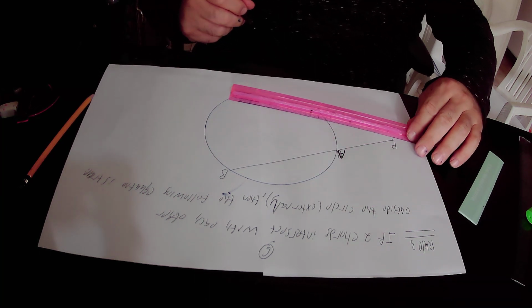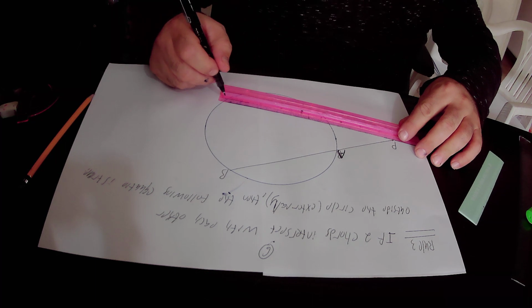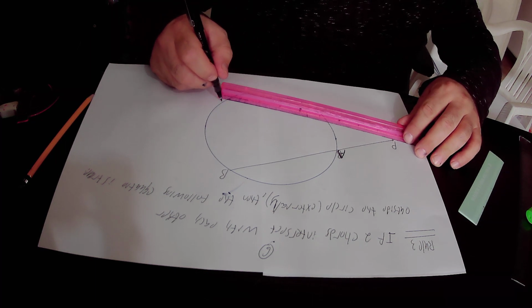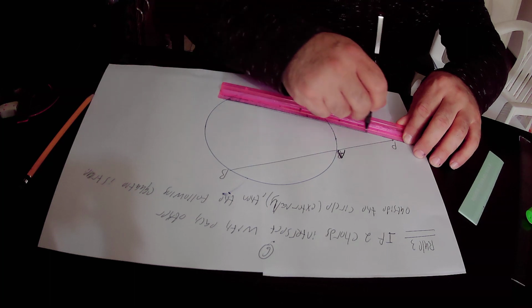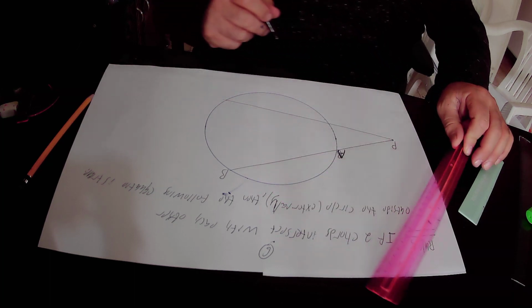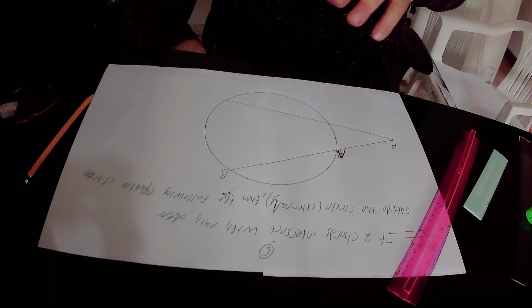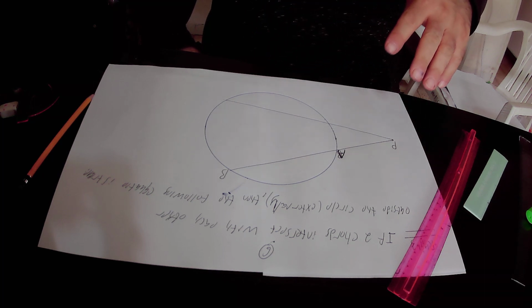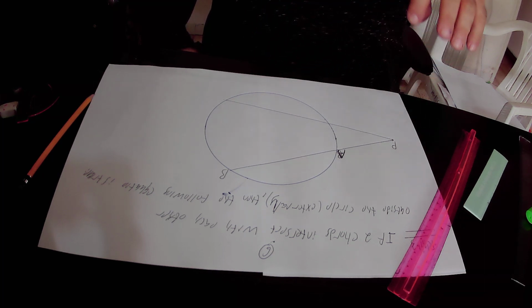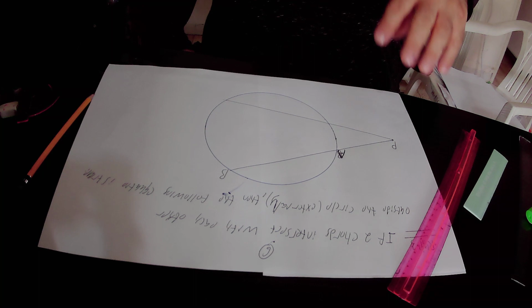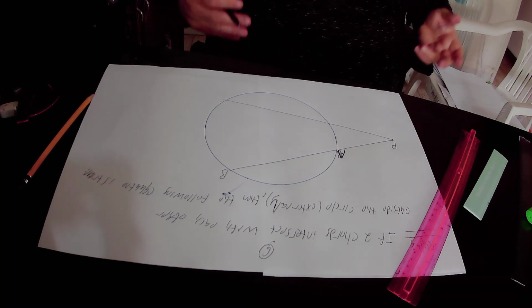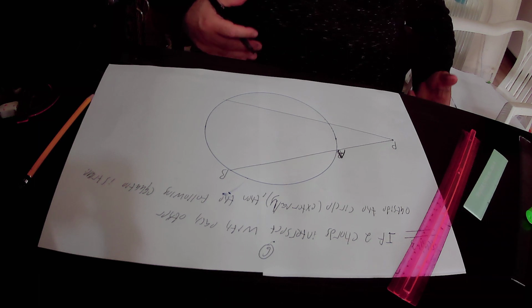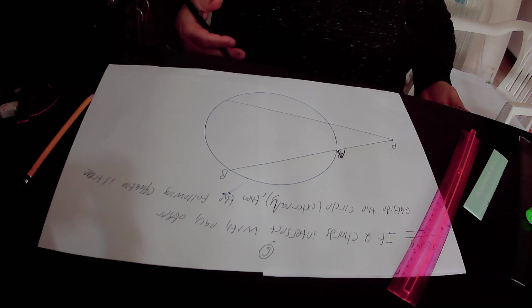And the second chord is this chord. As you can see, the two chords intersect with each other at point P. Point P is the intersection point of the two chords. That is to say, the two chords intersect with each other externally outside the circle.